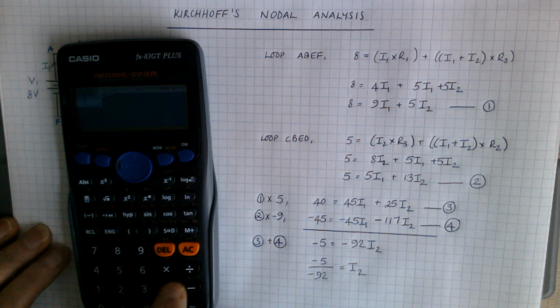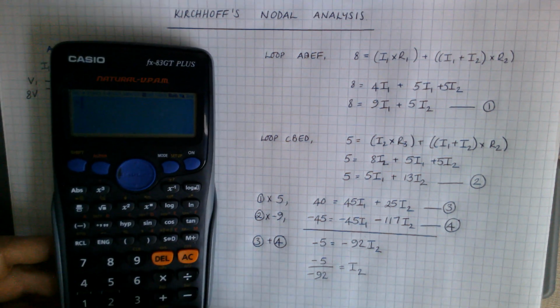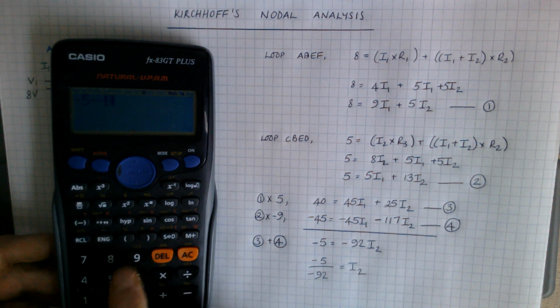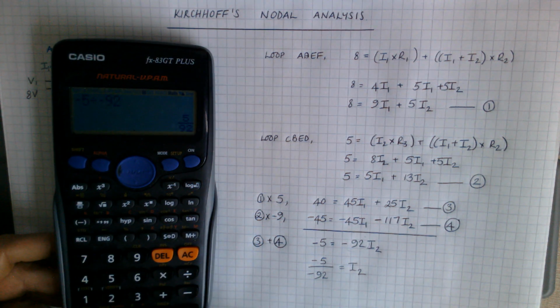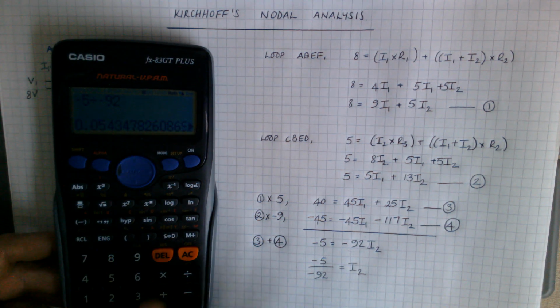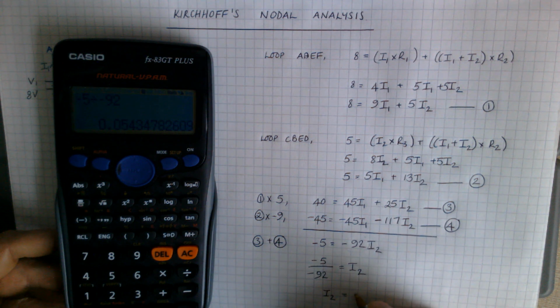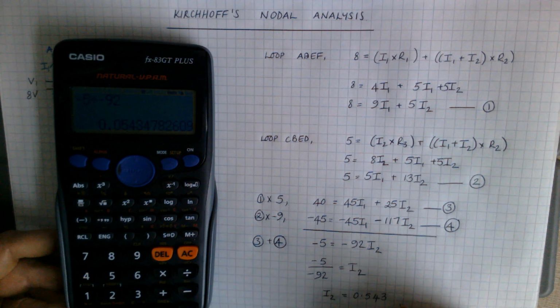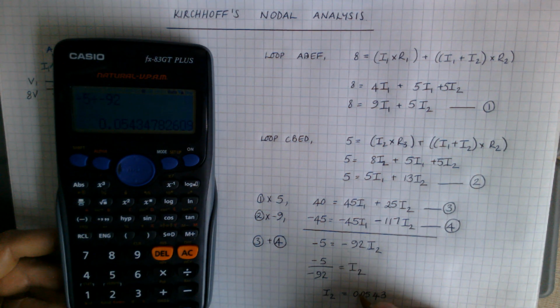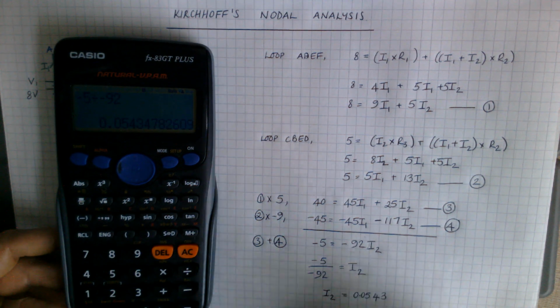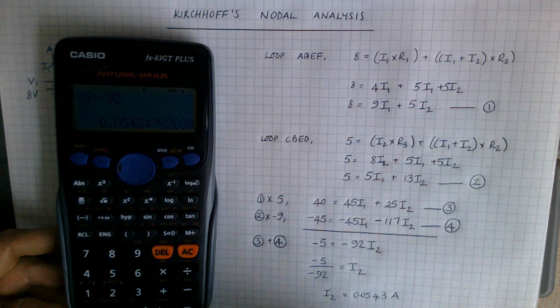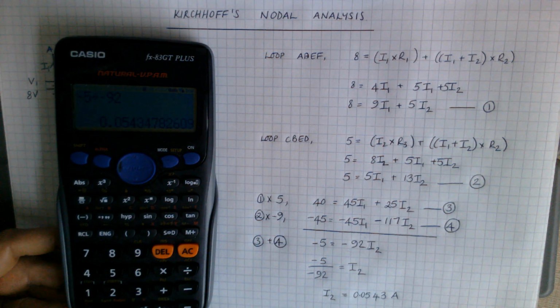So that gets me a value of I2 as being 0.0543 to 3 significant figures, 0.0543 amps. And that's my value for my I2.